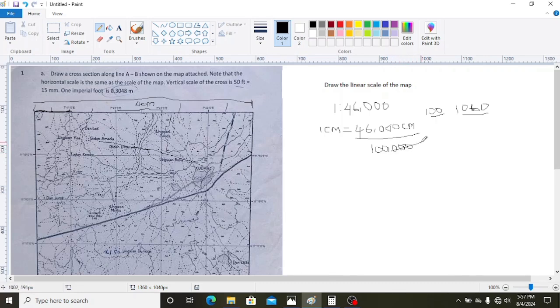So we go with this 46, and the 5 zeros cancel, so 1 centimeter is equal to 0.46 kilometer.